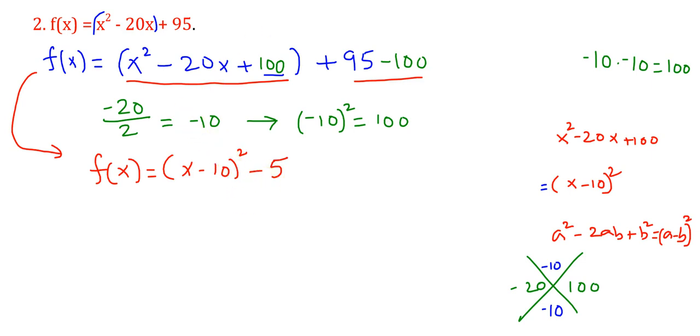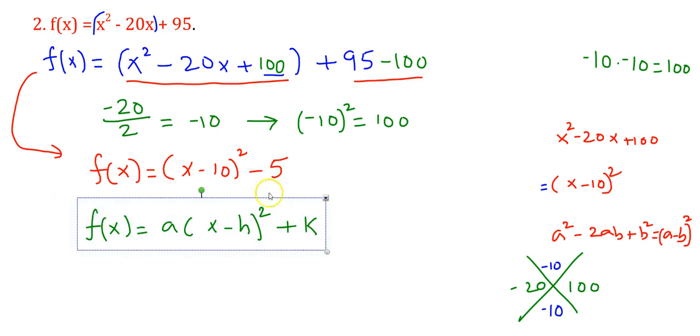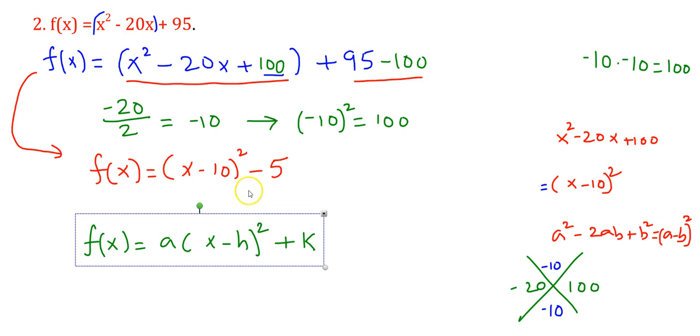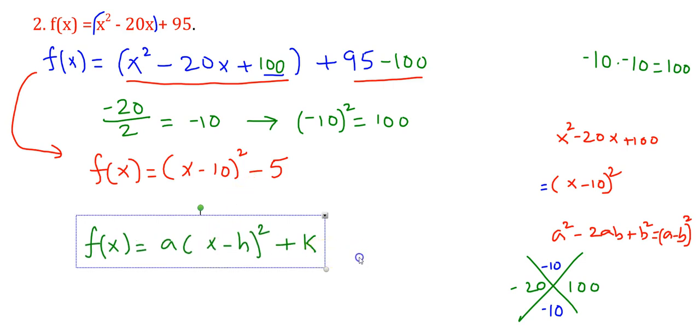Now, this is in your vertex form. Directly you got your f of x is equal to a times (x minus h) whole square plus k. Okay, so it's almost in vertex form, let me say that, because I'm seeing plus k and minus 5 there. Let us fix it up.